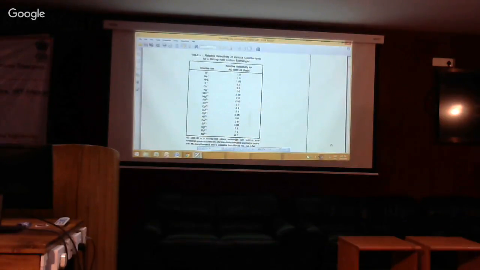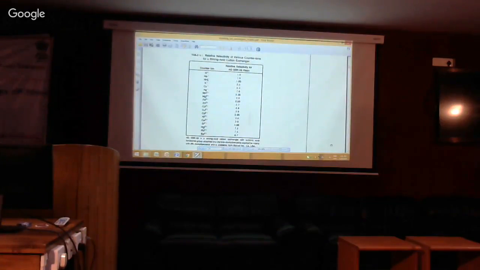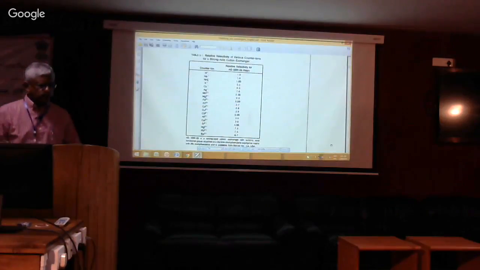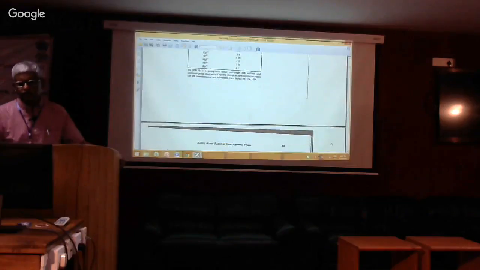Well, the sulfonic acid functional group has no ligand actually. The only way in which the interaction occurs is Coulomb way. There is no scope for any Lewis acid-base interaction here. So if there is no scope, how can it be selective? That's the idea that I'm trying to convey. Okay.